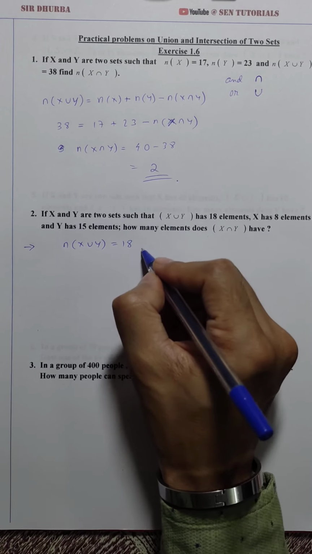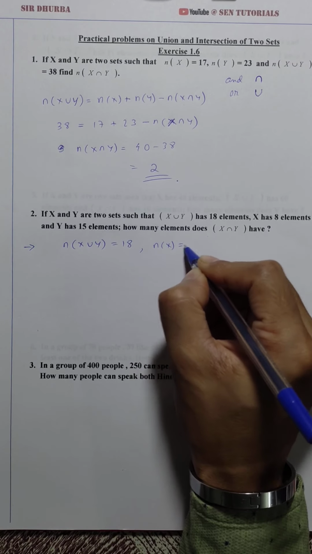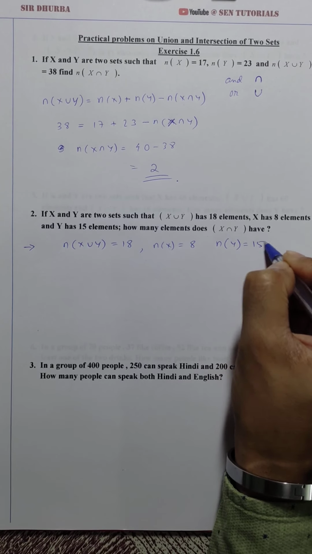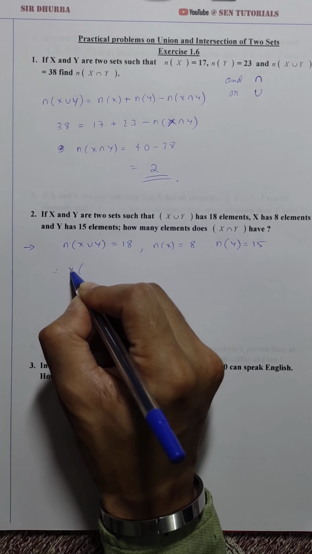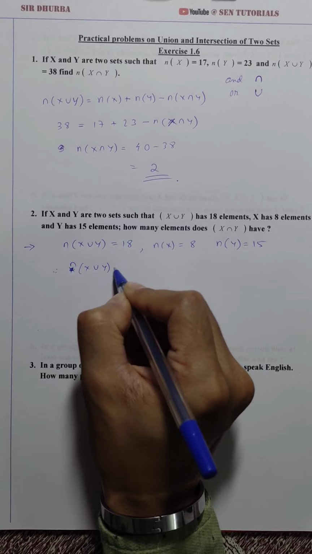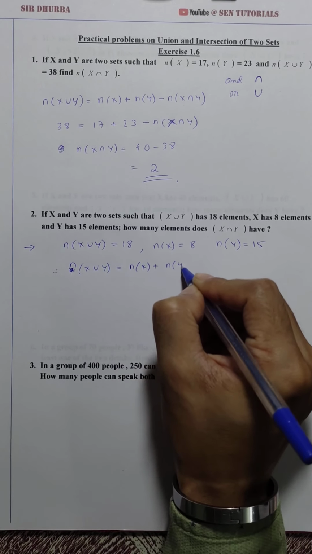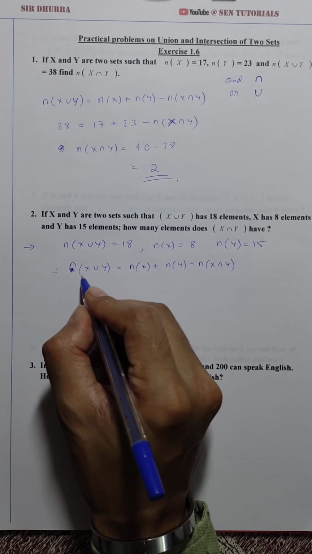Okay, X has 8 elements, that is, the number of elements in the set X is 8, and the number of elements in the set Y is 15. Almost the same question. So the number of elements in the set X union Y is n(X) plus n(Y) minus n(X intersection Y).